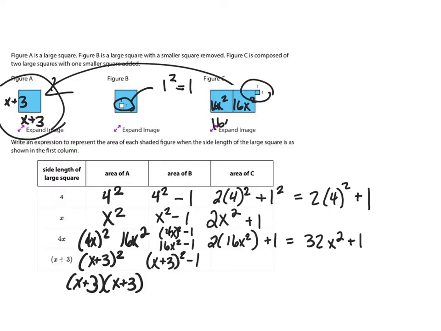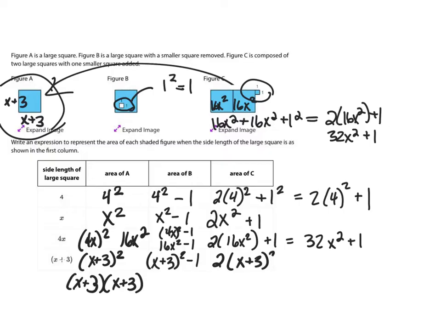So I'm going to add 16x squared plus 16x squared plus 1 squared, which is the same as 2 of 16x squareds, which is the same as 32. Cool. All right, then this last one, I have 2 x plus 3s squared plus 1. Okay, it's really important here. We're sort of building what a quadratic function looks like.